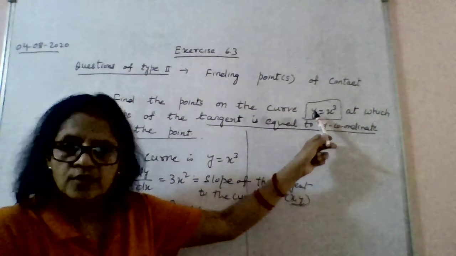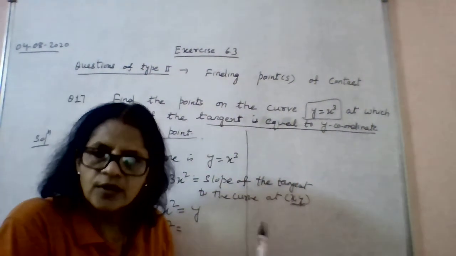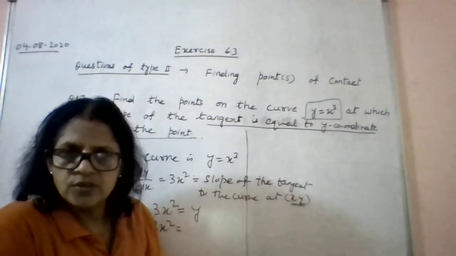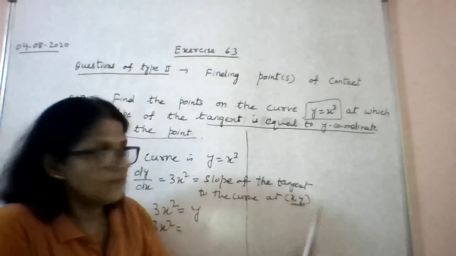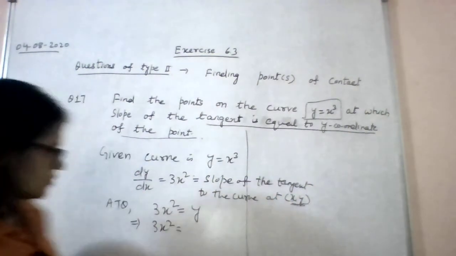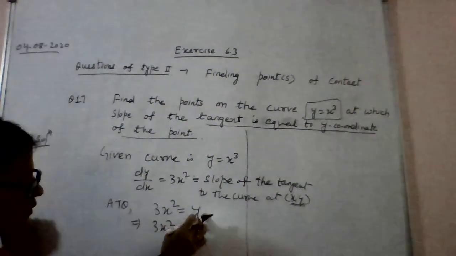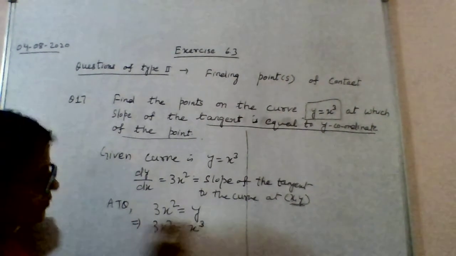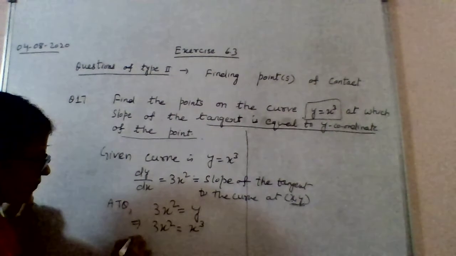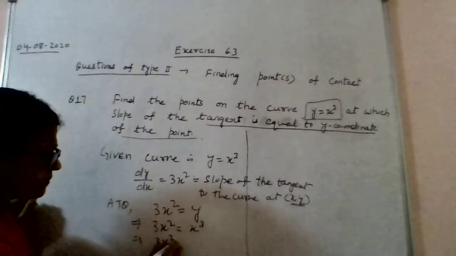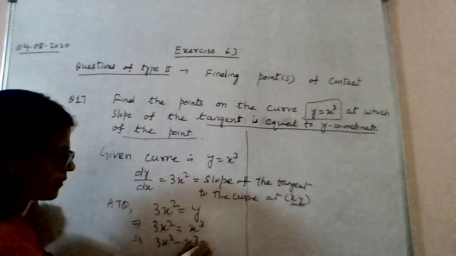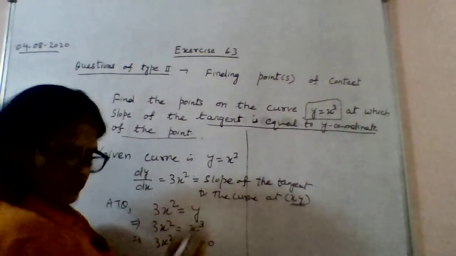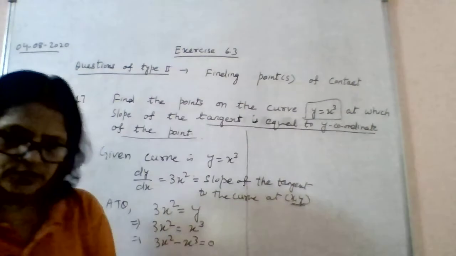So 3x square equal to y, equal to what? As you know, the point of contact lies on the curve, so the point of contact (x, y) should satisfy the equation of the curve. So y equal to x cube. Whenever you write 3x square equal to y, it means 3x square equal to x cube. This gives us 3x square minus x cube equal to 0.